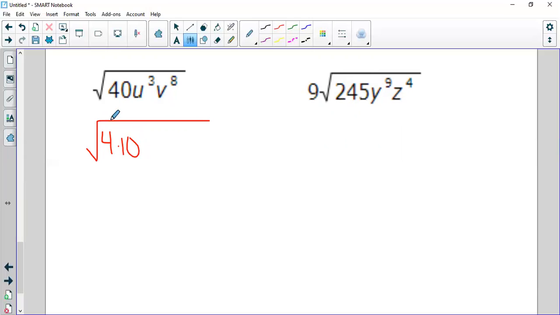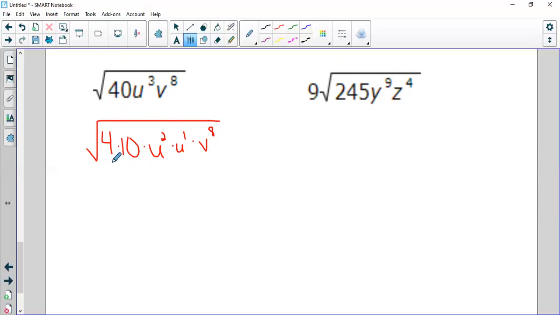U to the 3rd power is odd, so I'm going to break that down into u squared times u to the 1st. And v to the 8th power is even, so I don't need to break it down. I'm going to leave it as v to the 8th power because it's already a perfect square.